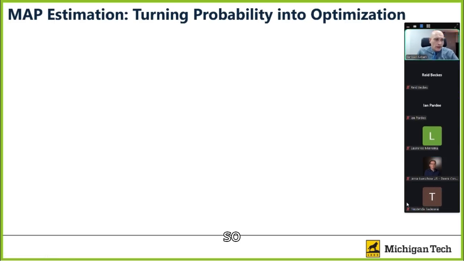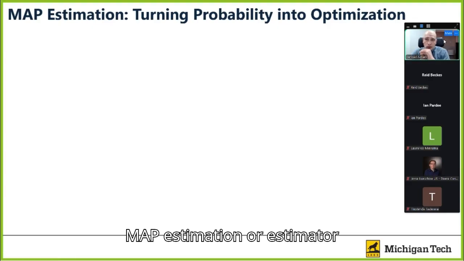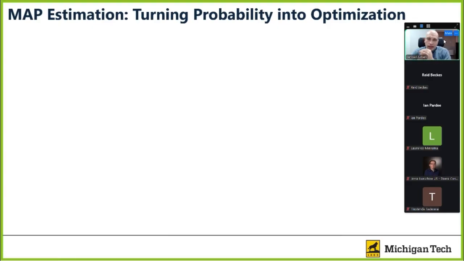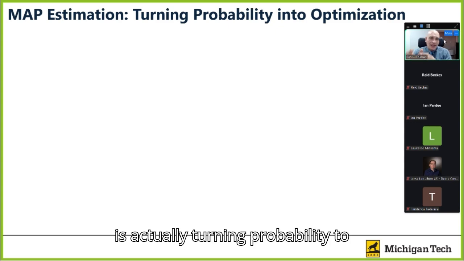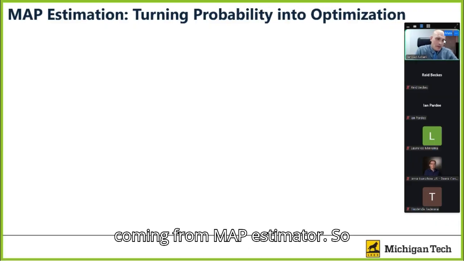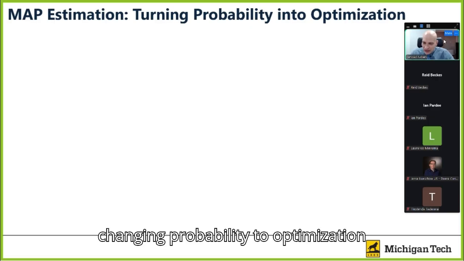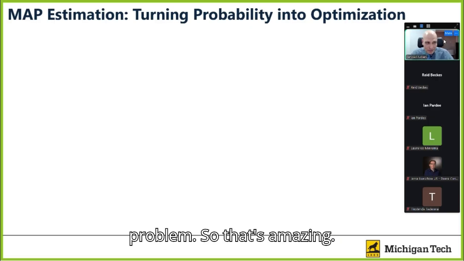So maximum a posteriori, or MAP estimation or estimator, is actually turning probability into optimization. The basis of inference comes from the MAP estimator. So the MAP estimator changes probability to an optimization problem.